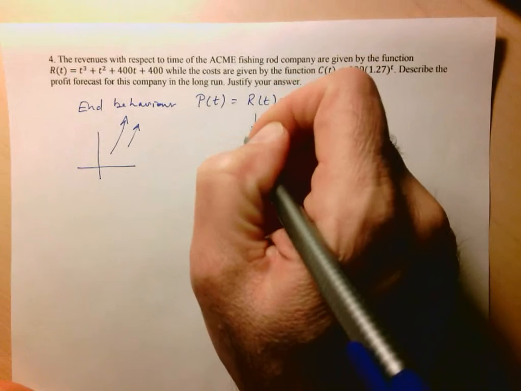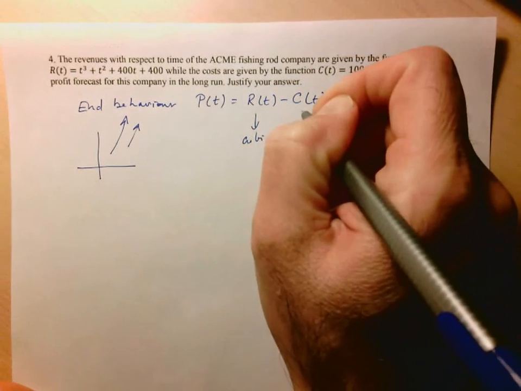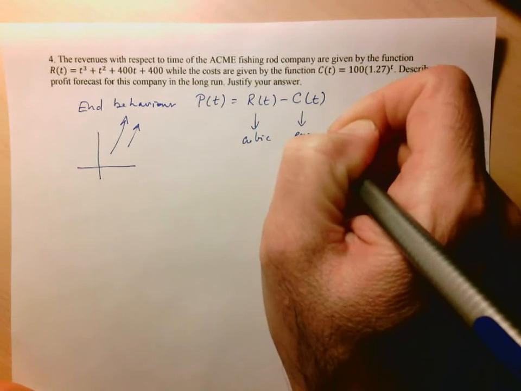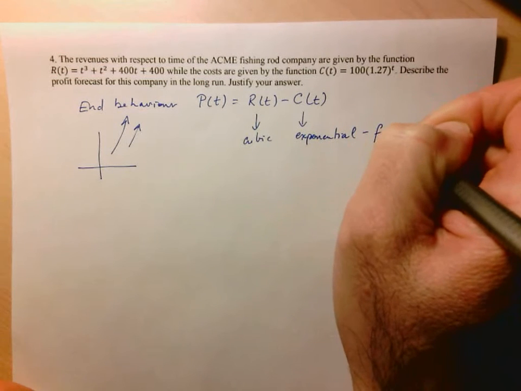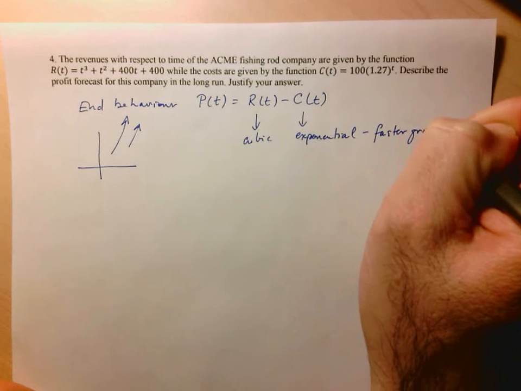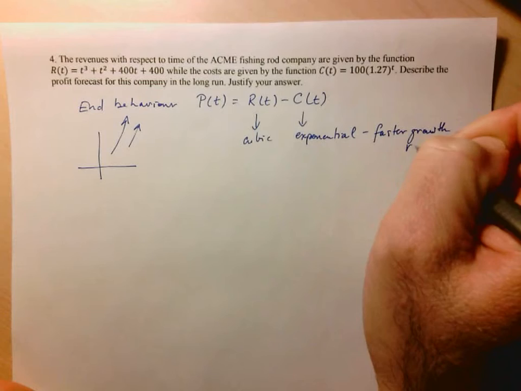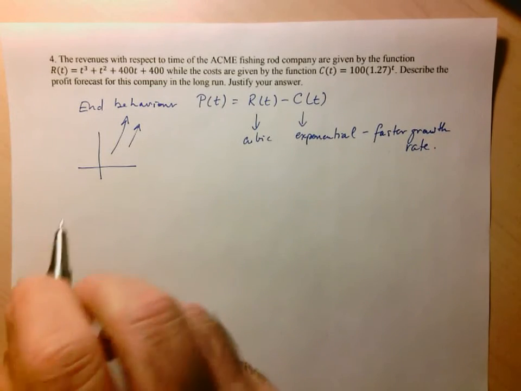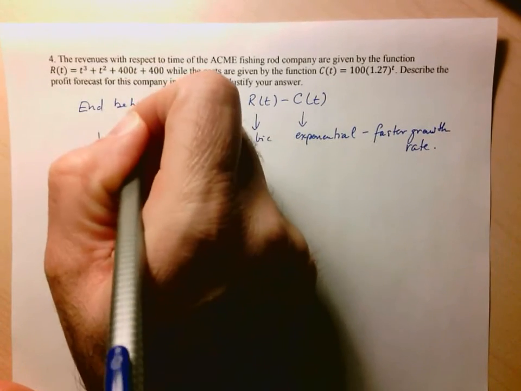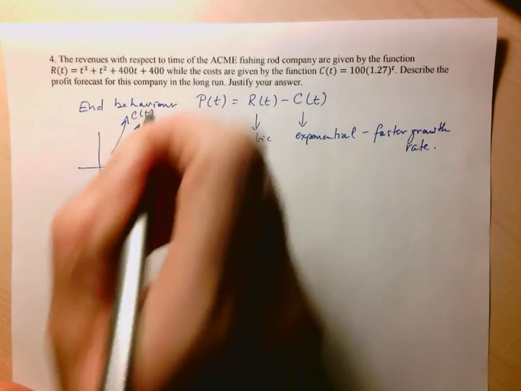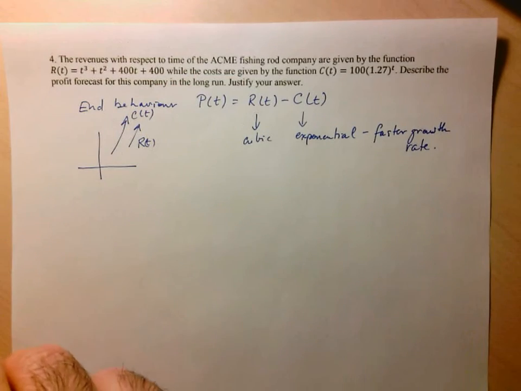So here we have a cubic, here we have an exponential, which has a faster growth rate. Okay, so over time, when I subtract R minus C, this is going to be the function that takes over.